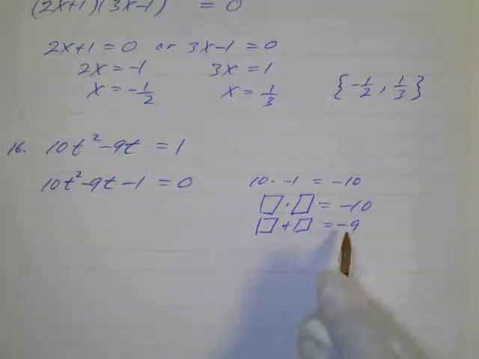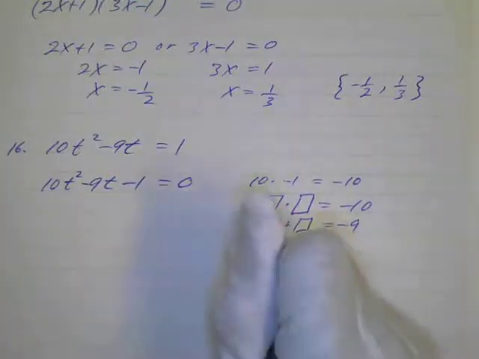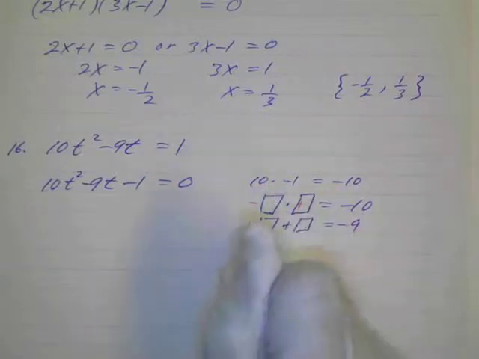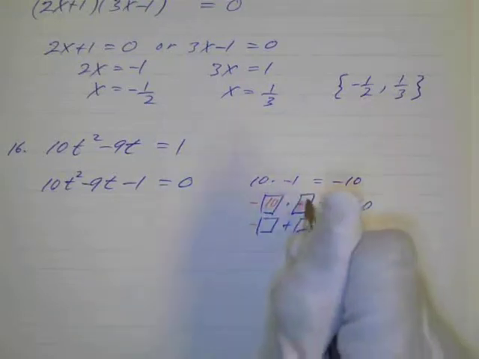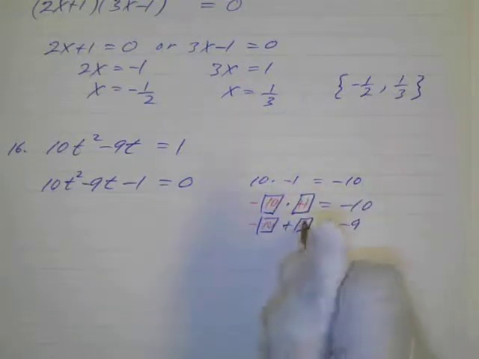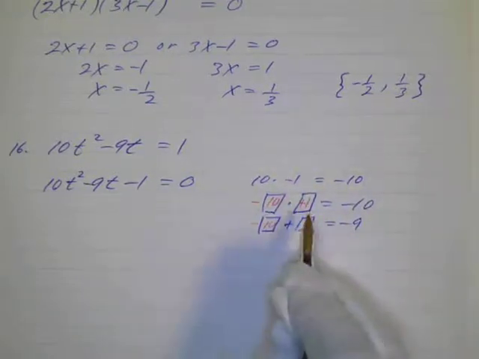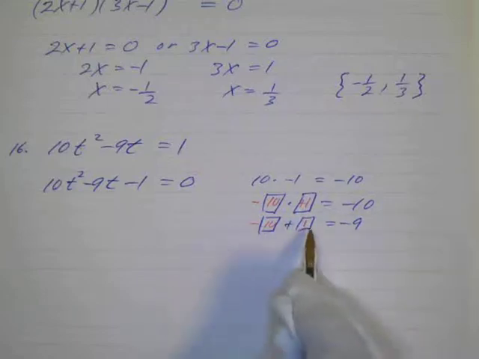If they add to be a negative, the sign of the larger must be negative. So I know negative, positive. All right, so they're going to have to add up to be negative 9 and multiply to give negative 10. So what two numbers multiply to give 10? Well, 10 and 1, and that works. Negative 10 times 1 is negative 10. Negative 10 plus 1 is negative 9.